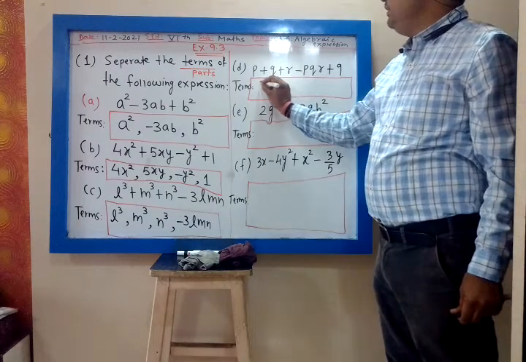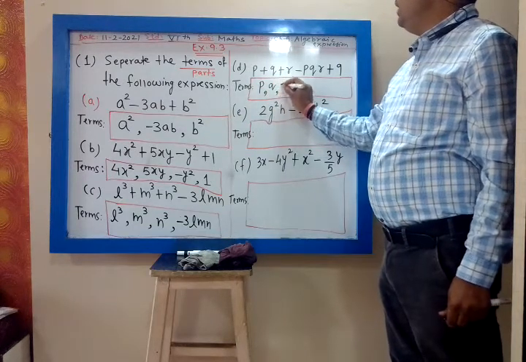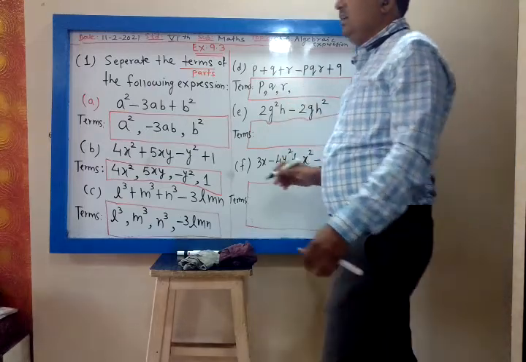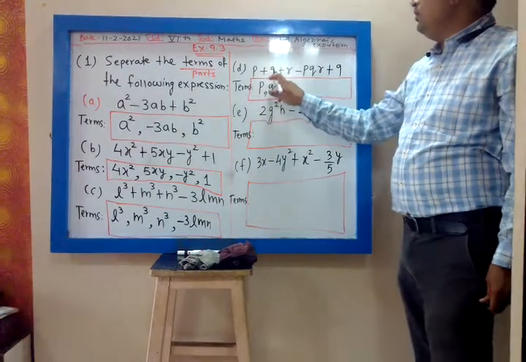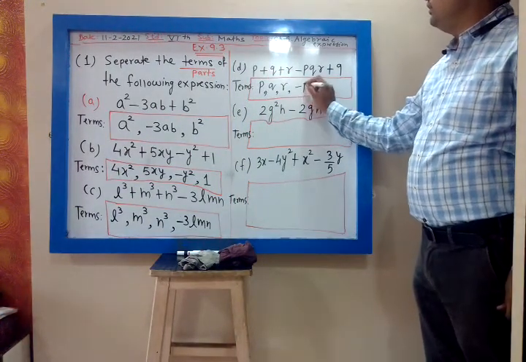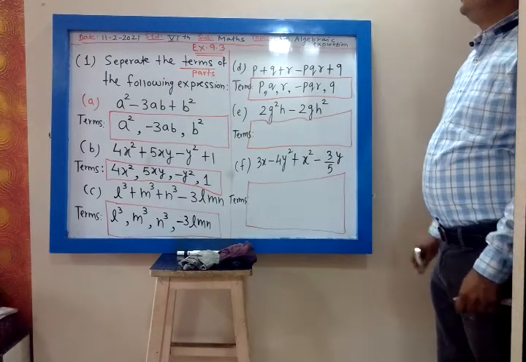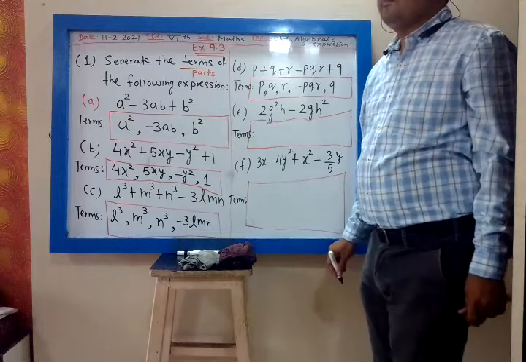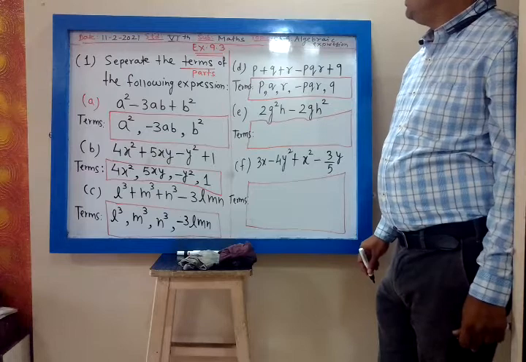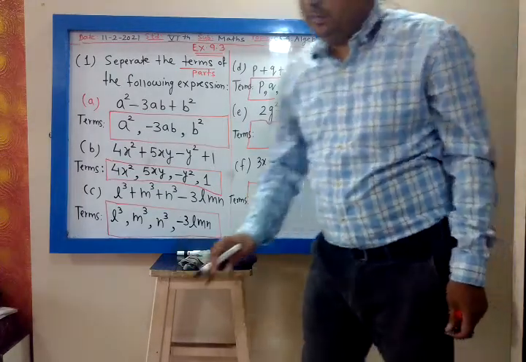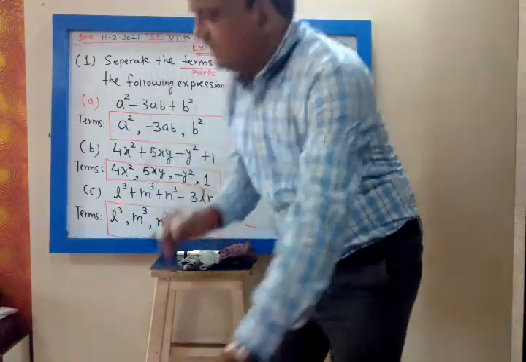Then next, B: p plus q plus r minus pqr plus 9. So the first part is p, then comma q, then comma r. No, p plus q minus r is there.